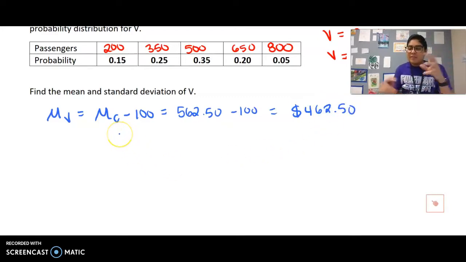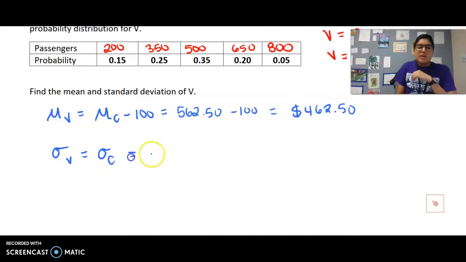Now thinking about the subtraction, right? I'm just moving the location. I'm not changing the dimension of that original distribution. So the standard deviation of V is just going to be the original standard deviation of C, which is still going to be that $163.50.